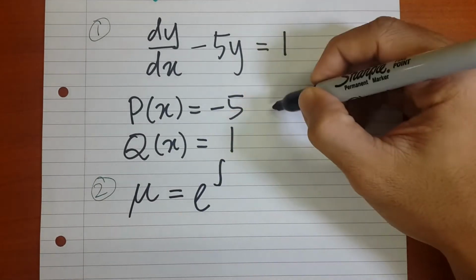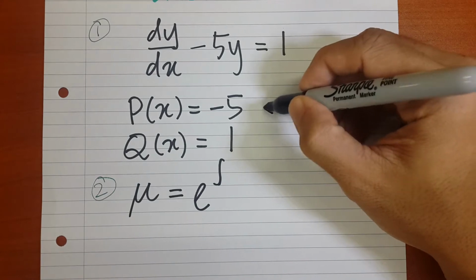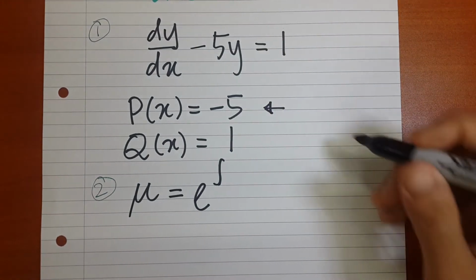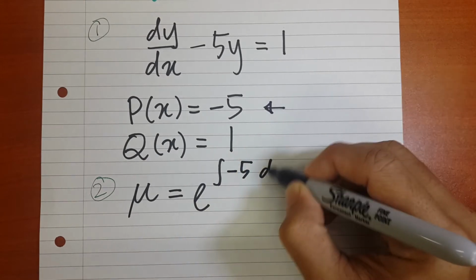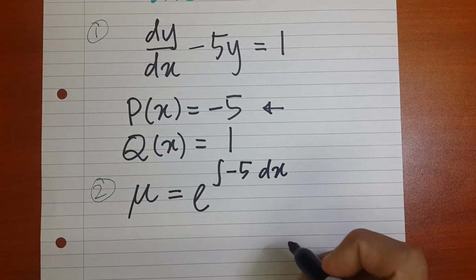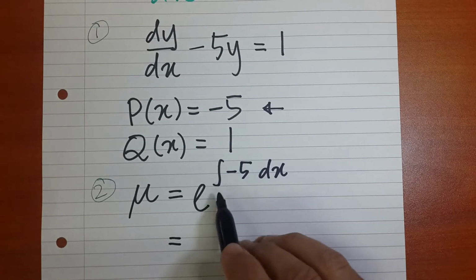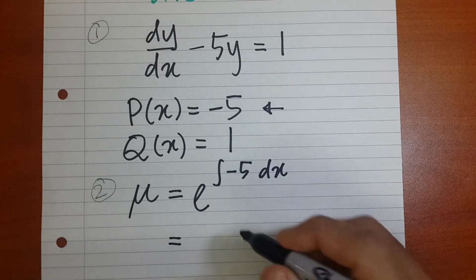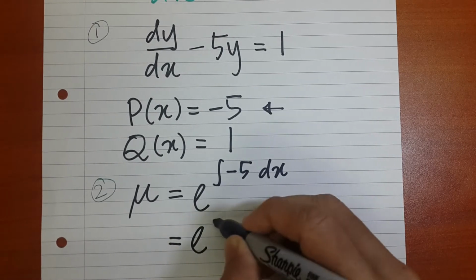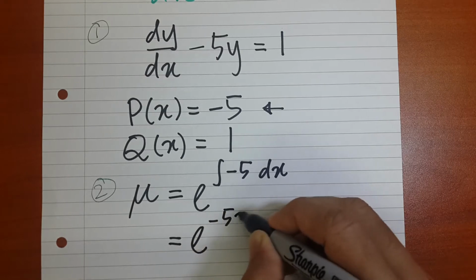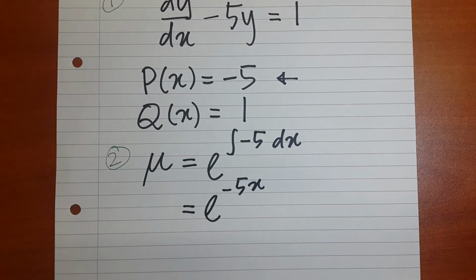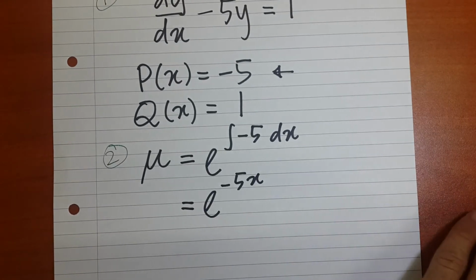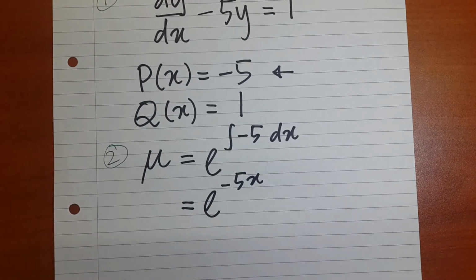In this case, p(x) is negative 5, so we're going to integrate negative 5 with respect to x. And integrating negative 5 with respect to x, we're going to get e to the power of negative 5x. Alright, so now that we have our mu, we can proceed with the third step.